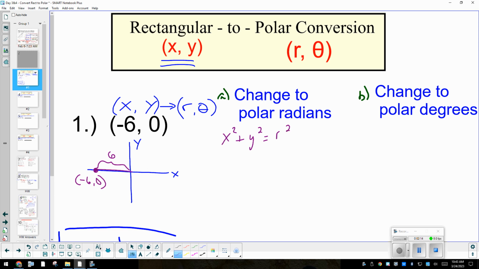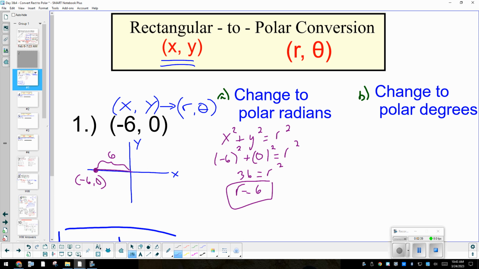You always can still use it, but when you are dealing with negatives, they've got to go in parentheses. You'd get 36 equals r squared, and then r equals 6. For this problem, you don't necessarily need to show it. I'm just showing you how you could always use it if you wanted to.